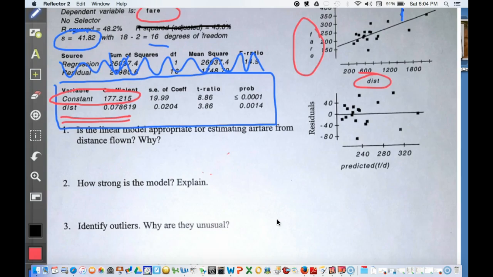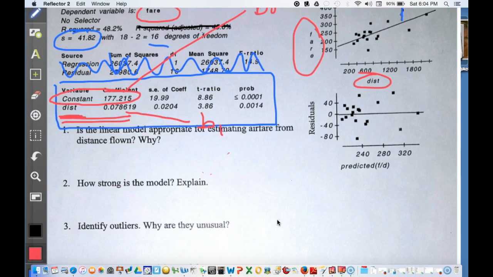The constant is always the y-intercept, which we've been calling b sub 0. The number beneath it is always the slope, which we've been calling b1. That's how it'll always work. In fact, I always think that the slope, b1, is right next to the variable that's next to it in the equation. So that means the distance is on the x-axis.